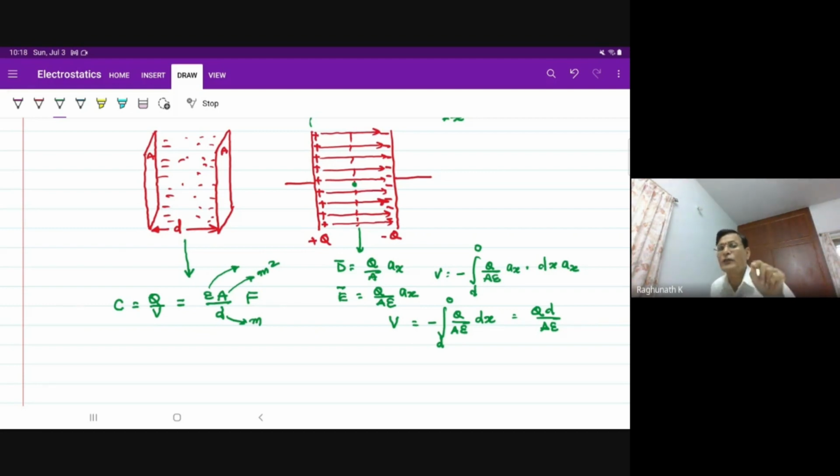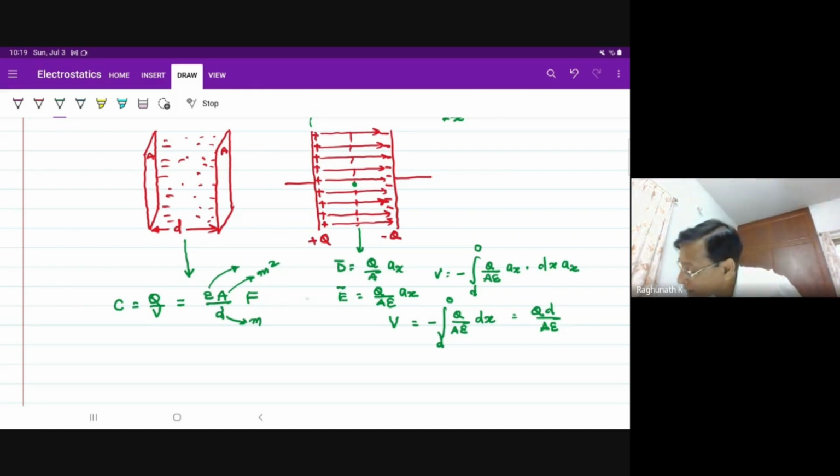But if you understand the fact that if there is plus Q and minus Q on two parallel plates, the electric field intensity in between these two plates is Q by A epsilon, irrespective of the distance between them.